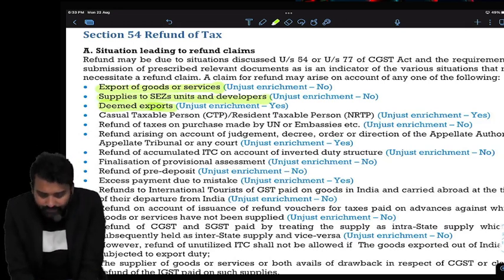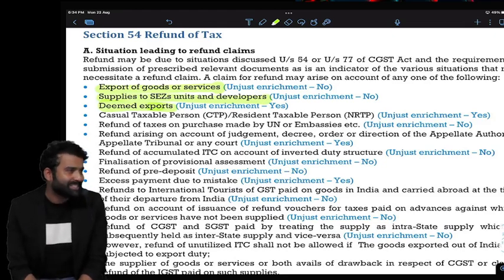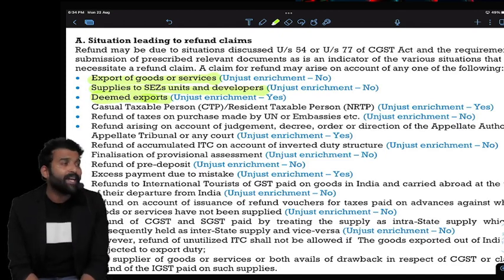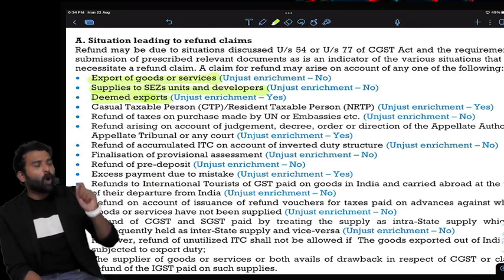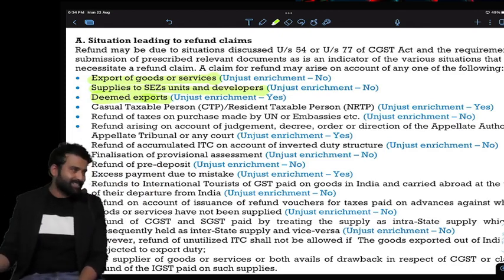Next, refund of taxes on purchases made by UN or embassies. You know that UN or embassies are called UIN holders. They have a unique identification number, and they have an option to claim refund of the taxes paid on the purchases.